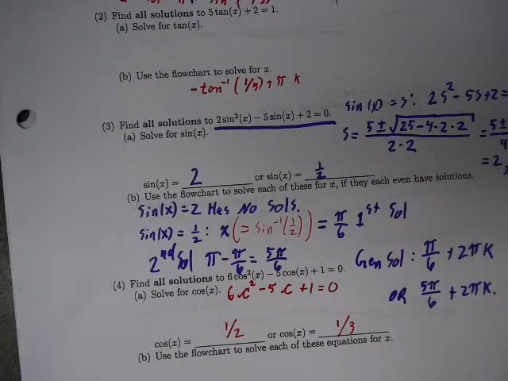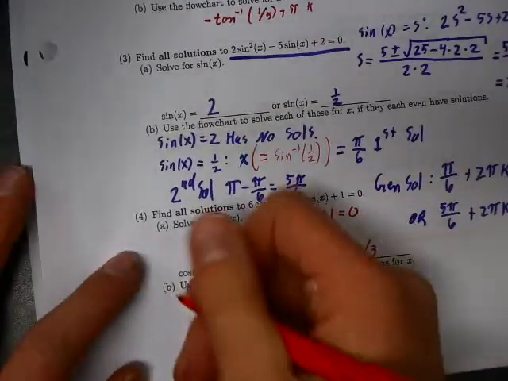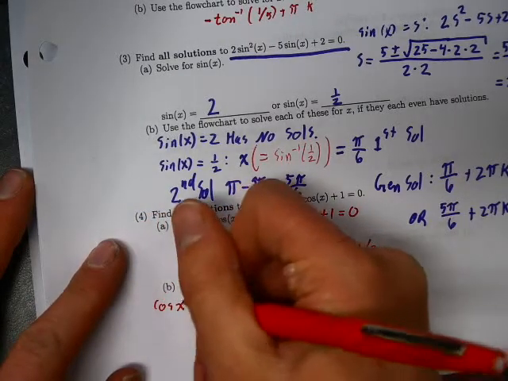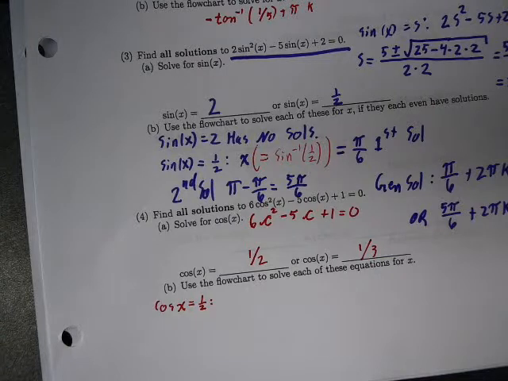What is the forced solution to cosine of x is equal to a half? Well, on the one hand, it's inverse cosine of a half, right?